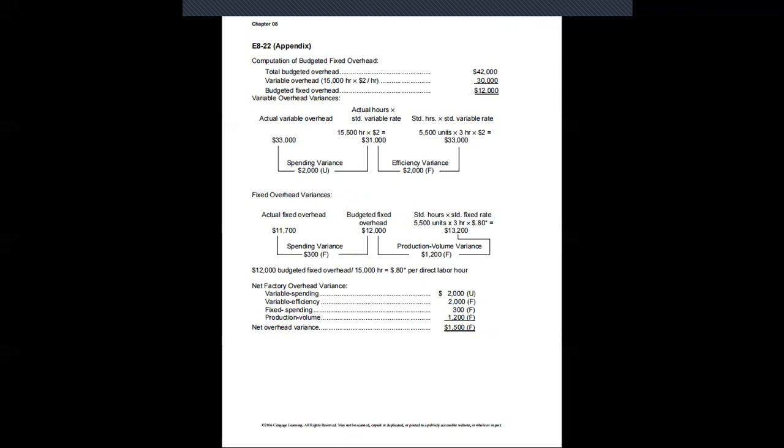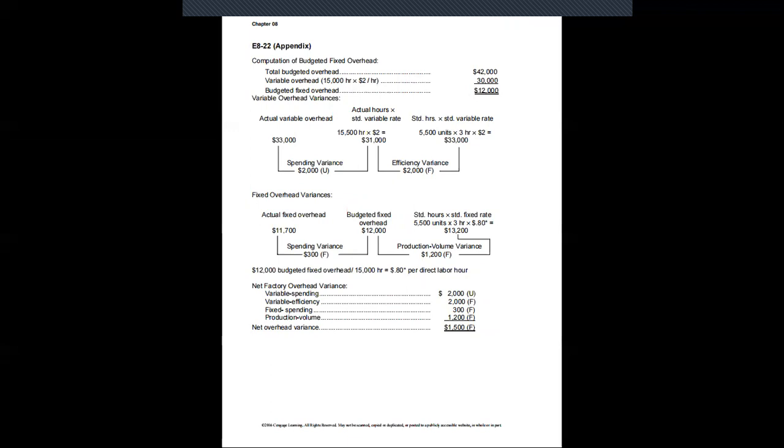You have now the budget of 15,000 direct labor hours for the year. The total overhead budget is expected to amount to $42,000. Standard cost per unit of the company's product estimates the variable overhead as follows.